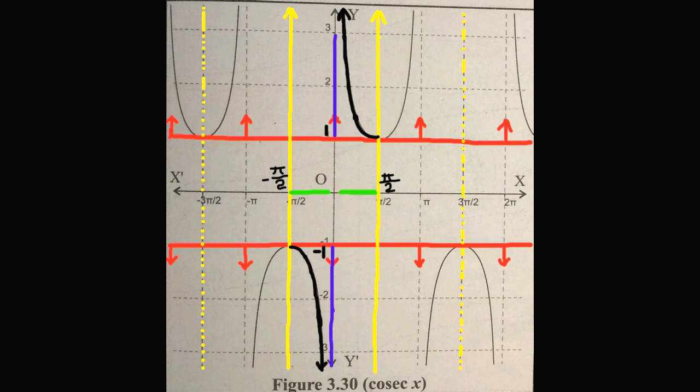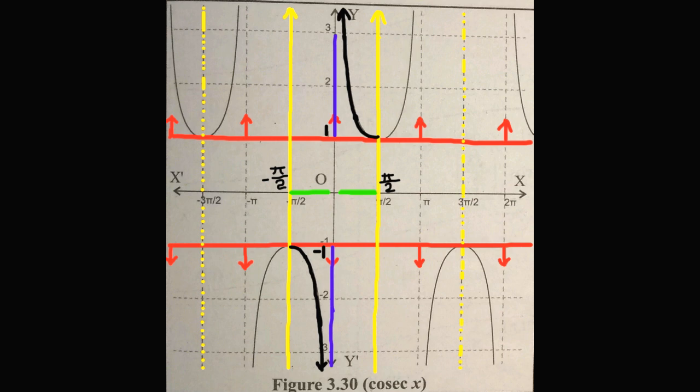Cosecant function is said to be discontinuous because the graph of cosecant function is not continuous in its domain, or this graph is discontinuous at all integral multiples of angle pi. Now, the cosecant function is a many-one function like the other trigonometric functions, because for any value of x there is a unique y.